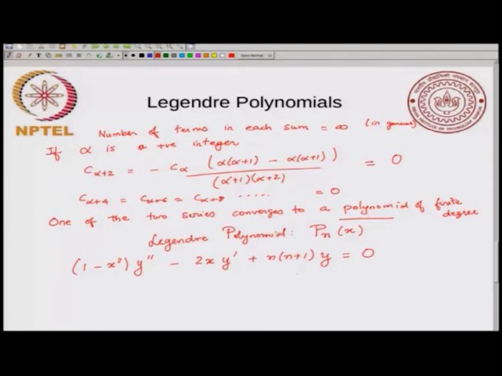So the Legendre polynomial is one solution of the above ODE. Okay, so it is one of the solutions, and the other solution will be an infinite series.